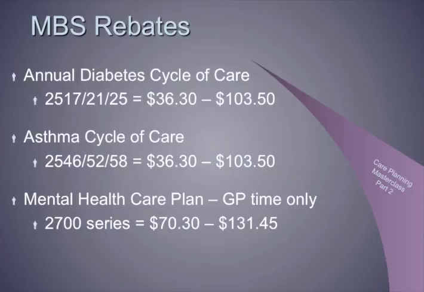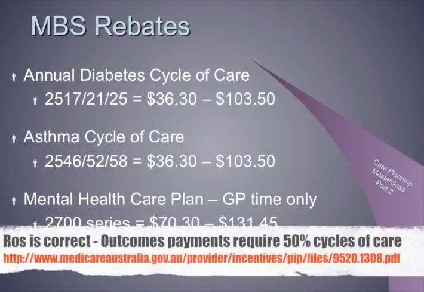So there's a couple of questions come in, Ros. One is about the percentage of diabetes cycles of care that have to be completed to get the higher tiered rebate. That's recently been increased, I understand. When I last looked at this, Tony, it was 50% of your patients with diabetes.